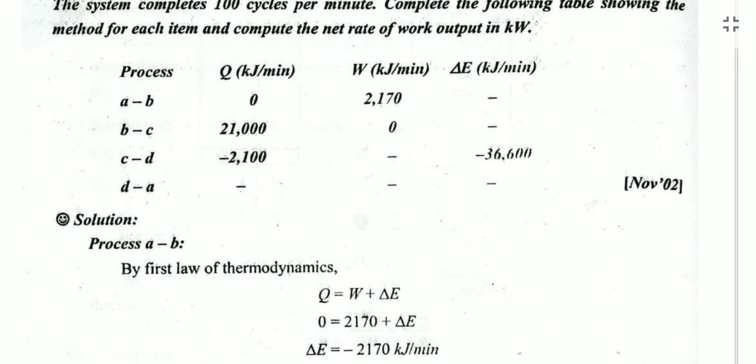So we find the value of delta E as minus 2170 kilojoule per minute. We can fill this value in.